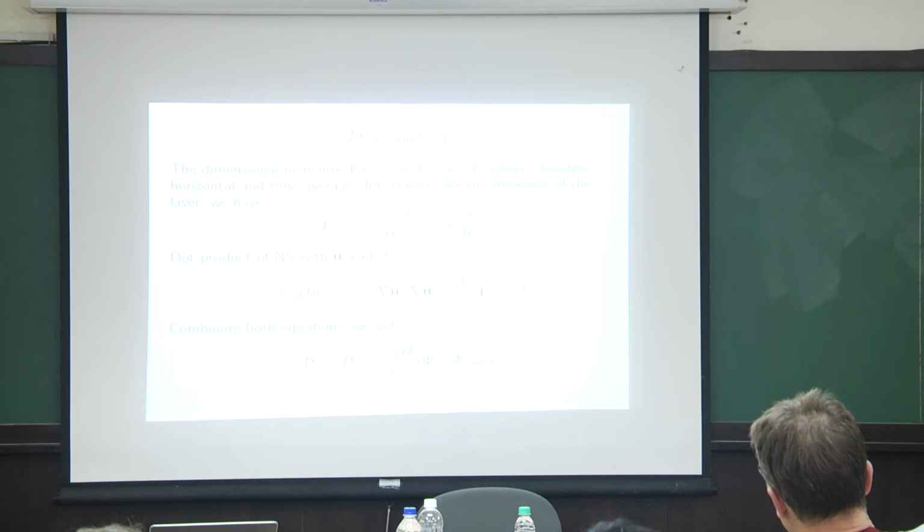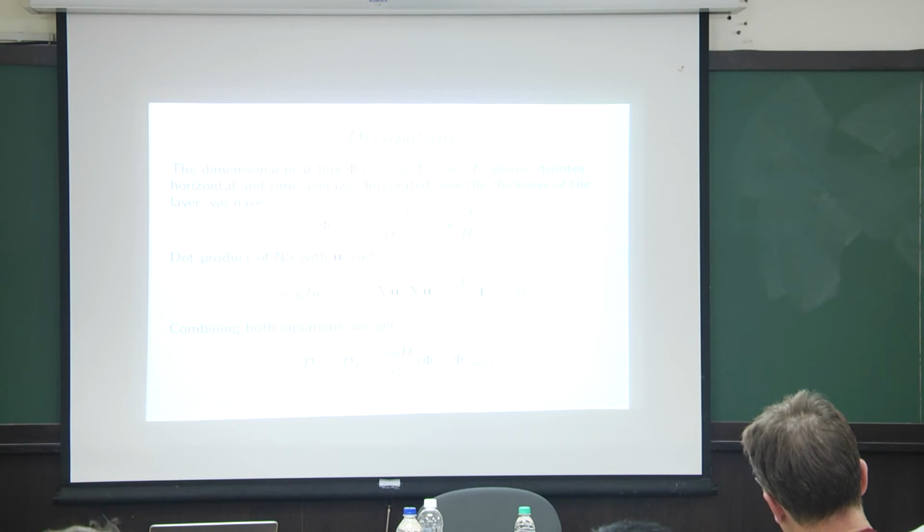Then this was the heat flux. Then dissipation. We need to estimate dissipation. The heat flux is the convective part of the heat flux plus the conductive part of the heat flux. And if you integrate that over the thickness of the layer, you can write it this way. And if you take the dot product of Navier-Stokes with the velocity, you get this balance of energy.